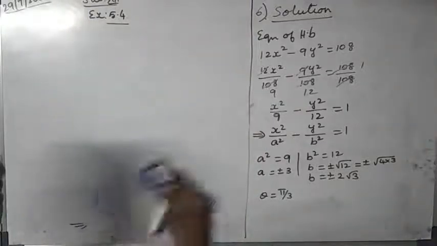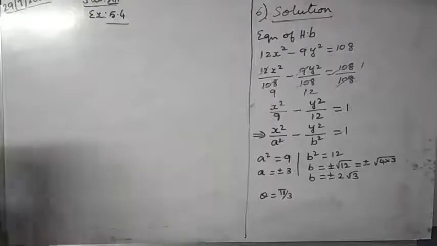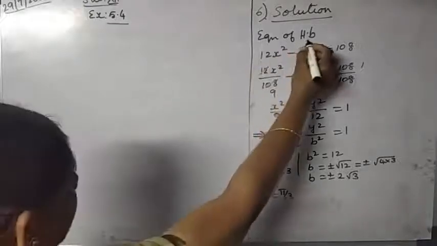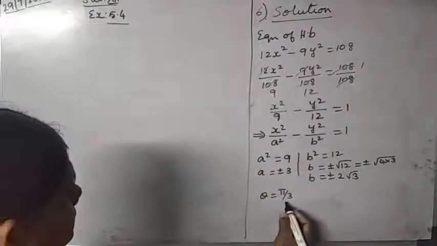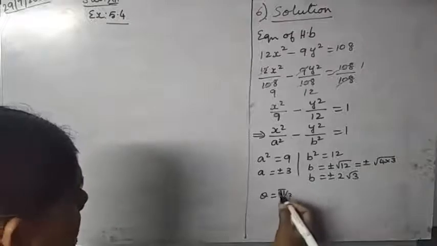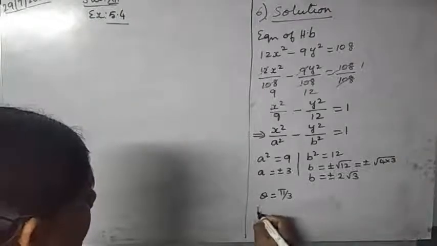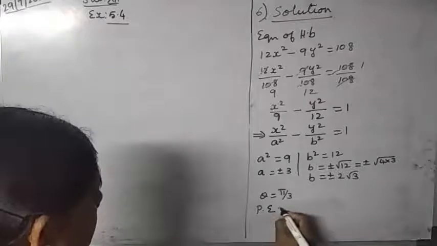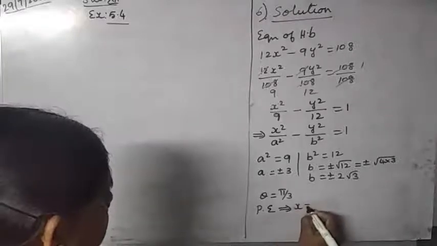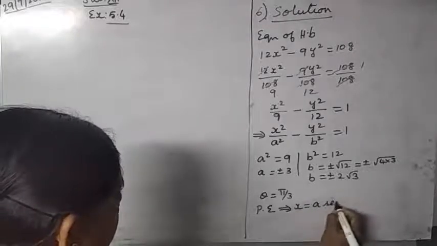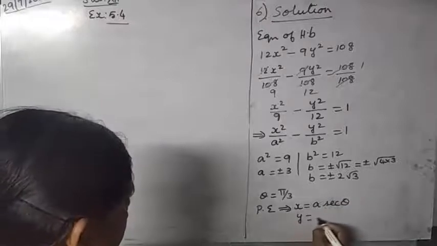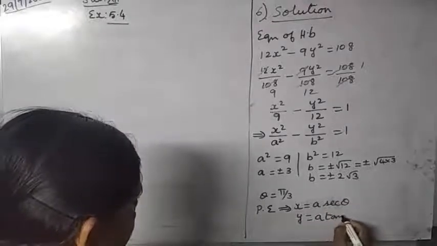So first we want to find the point. So since it is a hyperbola and at theta is equal to pi by 3, then what is the parametric form? That is, parametric equation is x is equal to a secant theta, y is equal to b tan theta.